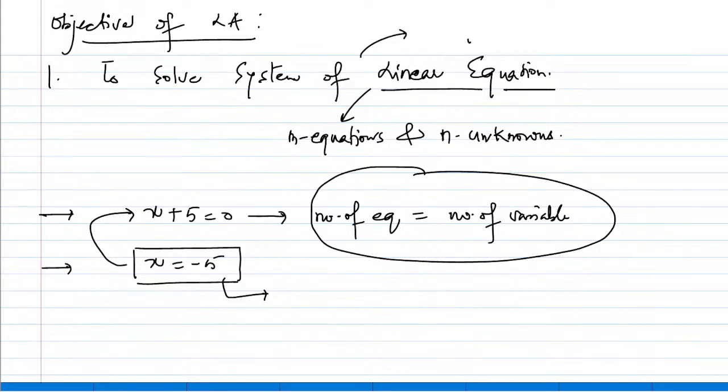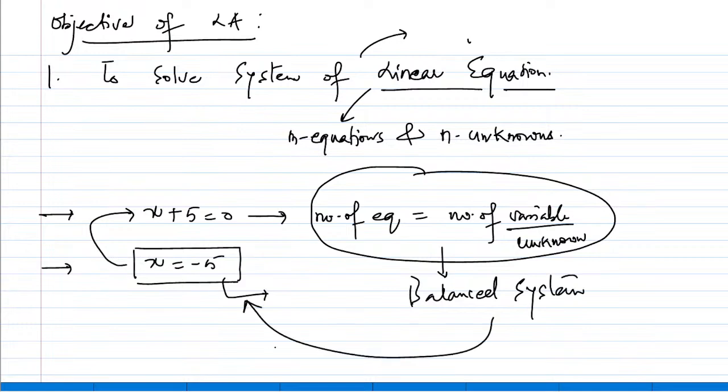So if the number of equations equals the number of variables, or unknowns, the system is balanced, and you can get a unique solution.